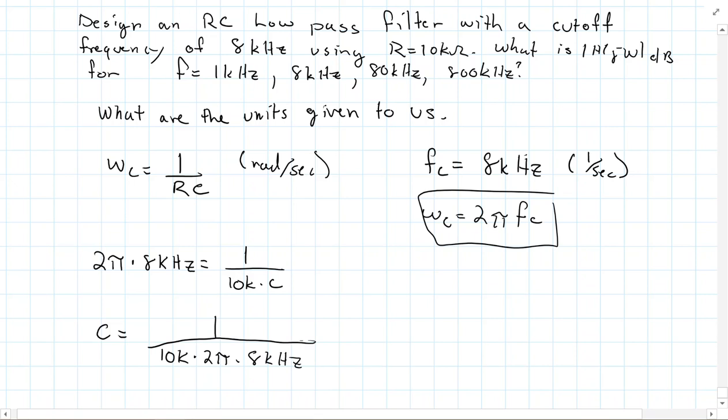And if I do that real quickly on my calculator, I get 1.99 nanofarads, which we could, of course, probably round to 2 nanofarads if we wanted to.